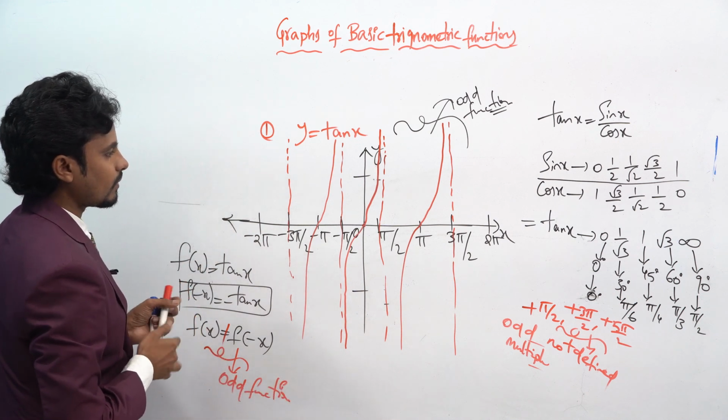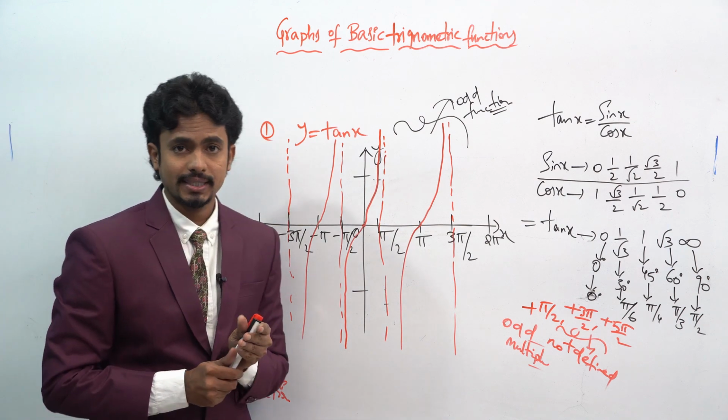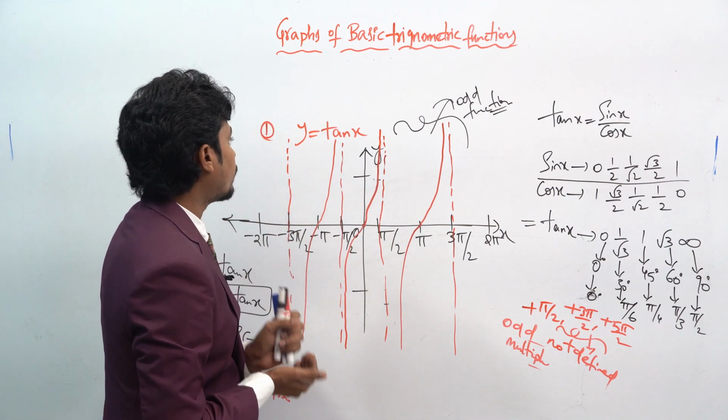Okay, this was the plot for y is equal to tan x. Now let's see the plot for y is equal to secant x.